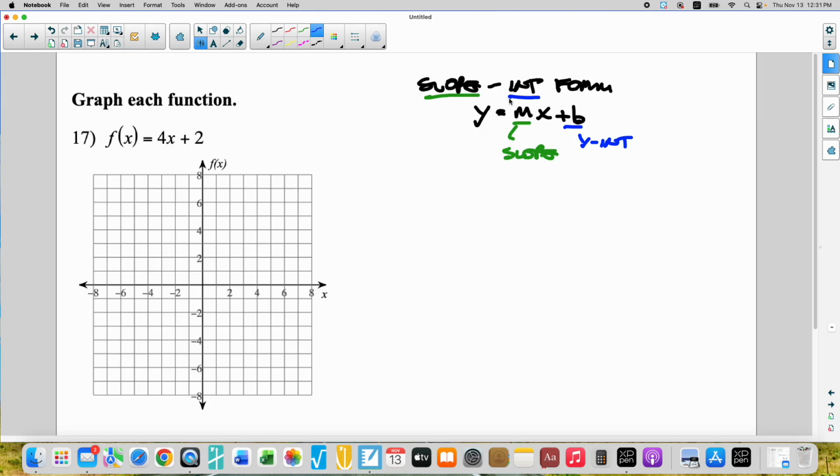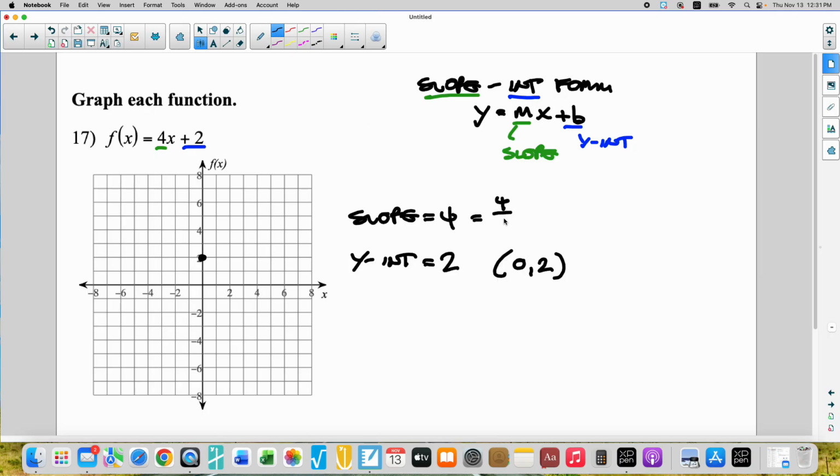So if we pull it out, the slope is going to be the coefficient of x, and the y-intercept is going to be the constant. So in this case, the slope equals 4, and my y-intercept equals 2. This point is 0, 2. It's a point on the y-axis right here, and my slope is 4.